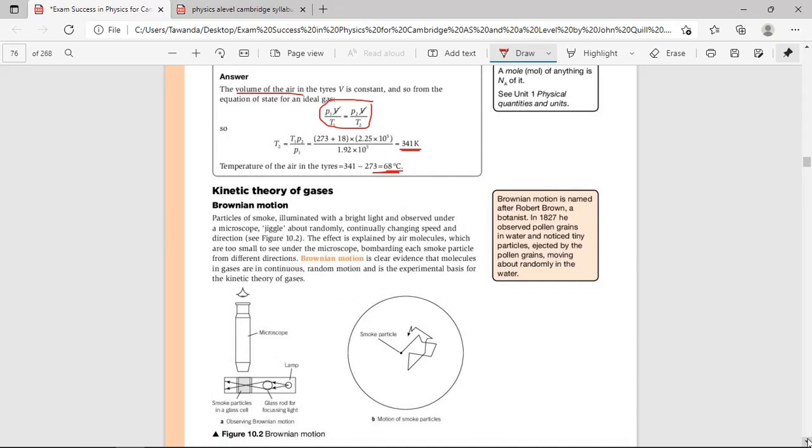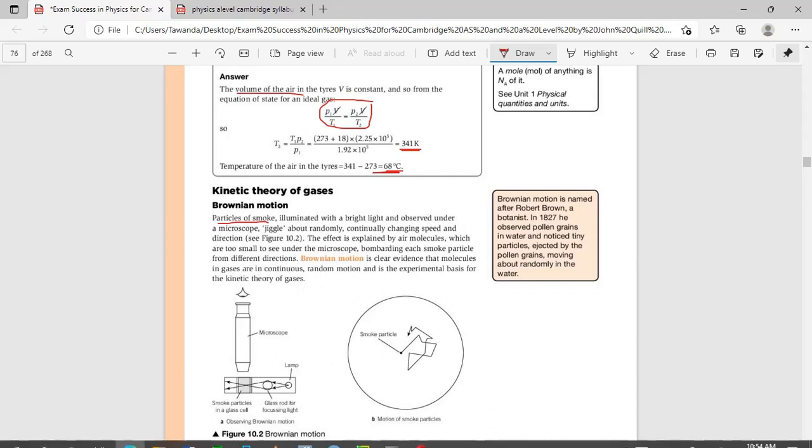Brownian motion was then related to that experiment with smoke particles, where we relate the smoke particles to the gas. Under Brownian motion, he is saying particles of smoke are illuminated with a bright light and observed under the microscope.